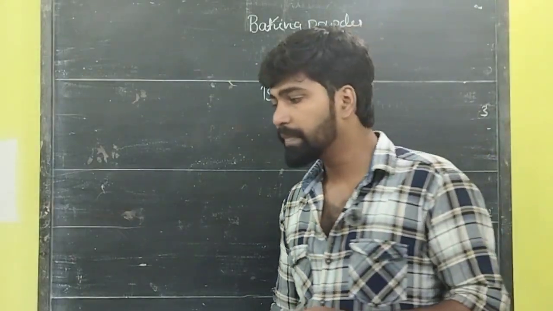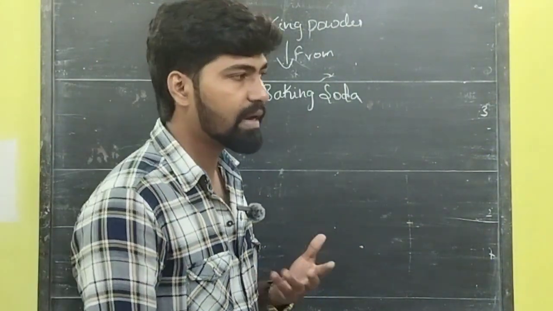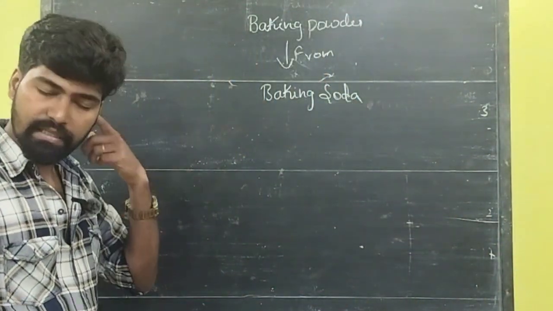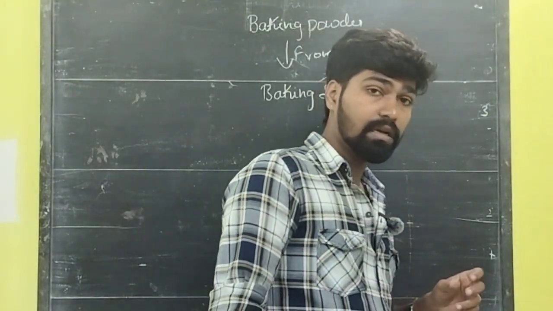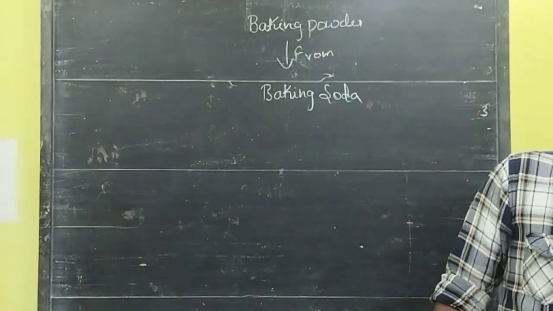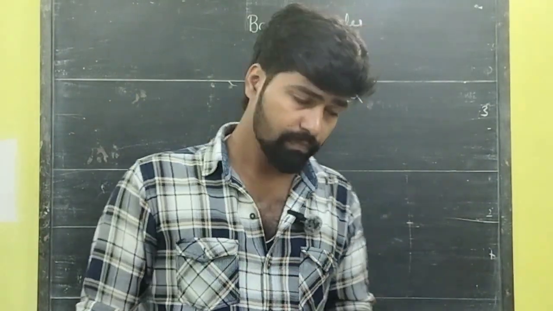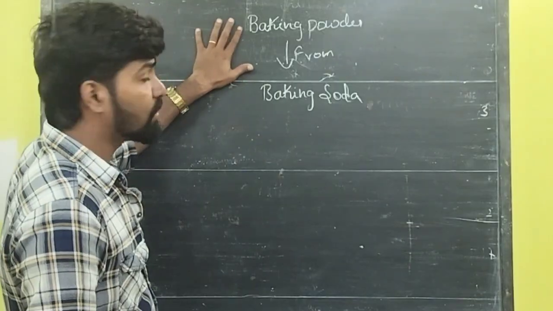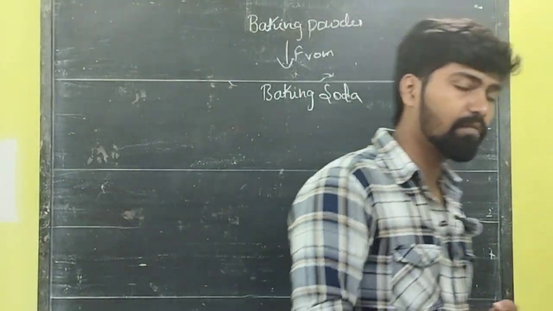It is a very simple reaction. You have to take an edible acid such as tartaric acid. What do I mean by edible acid? One which can be used for foods. When you treat an edible acid with baking soda, you get baking powder, also called sodium salts of acid. That's what we call baking powder.